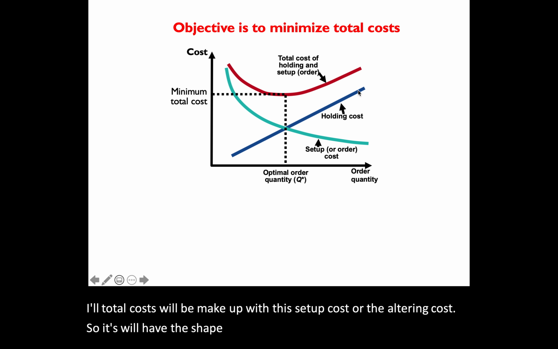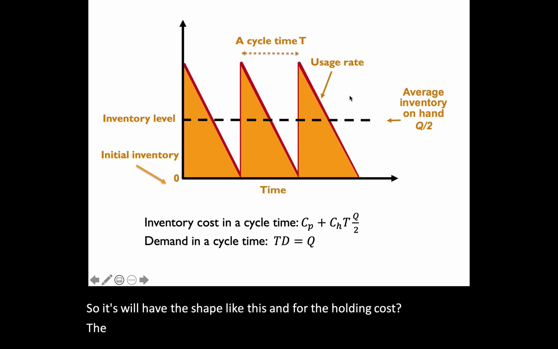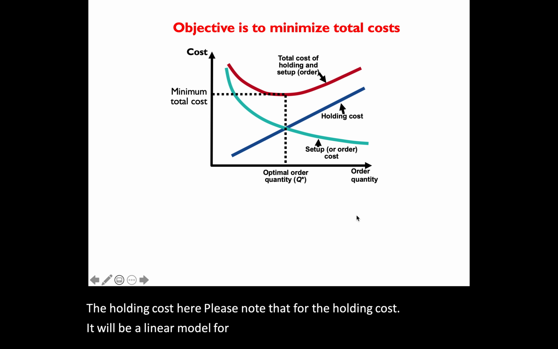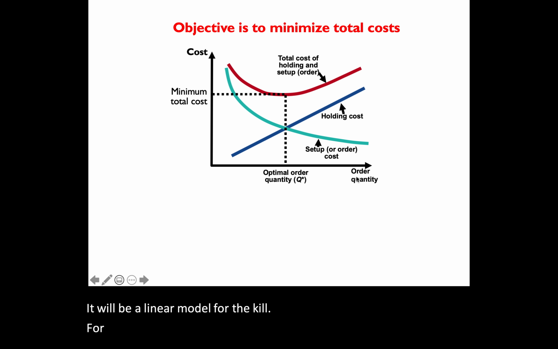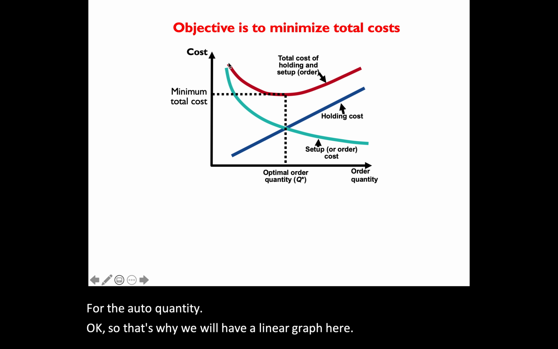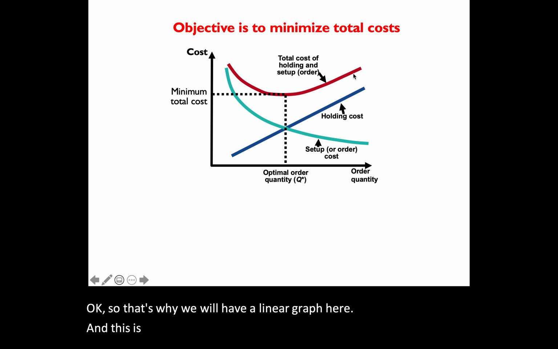And for the holding cost here, please note that it will be a linear function of Q, the order quantity. Okay, so that's why we will have a linear graph here. And this is the total cost of holding and ordering cost.